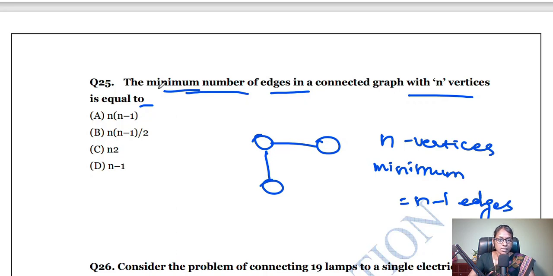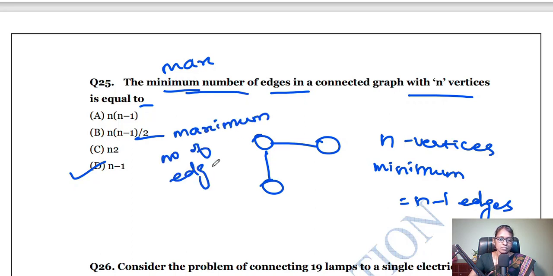They are not asking for the maximum or a complete graph, they are asking for the minimum number of edges in a connected graph with n vertices, which is option D, n minus 1. For the maximum number of edges, it would be n into n minus 1 by 2.